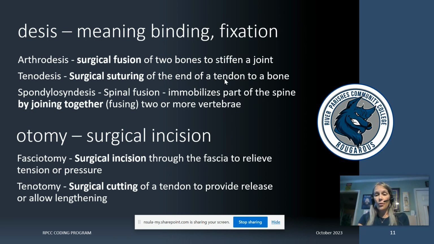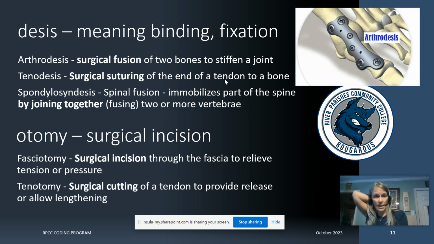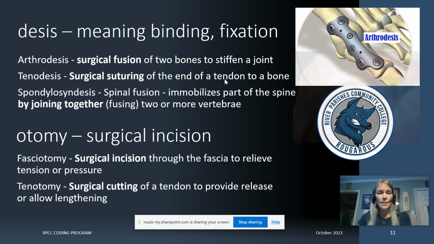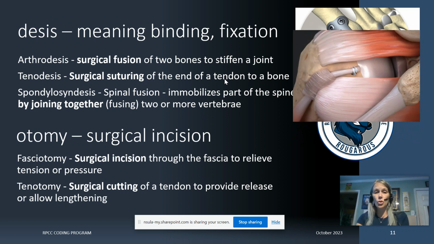All right, so these are the procedures for the musculoskeletal system that we want to refresh our minds to. Desis meaning binding fixation. So remember, your arthrodesis is surgical fusion of two bones to stiffen a joint. Your tenodesis is your surgical suture at the end of a tendon to a bone.